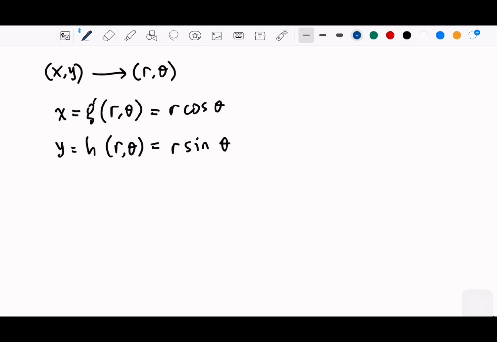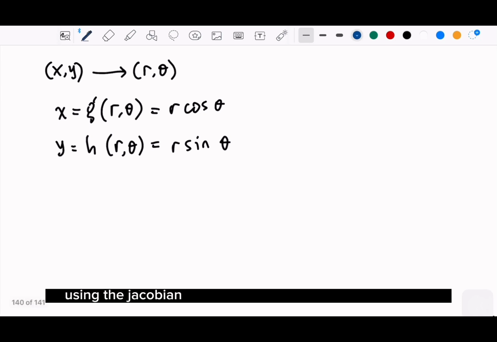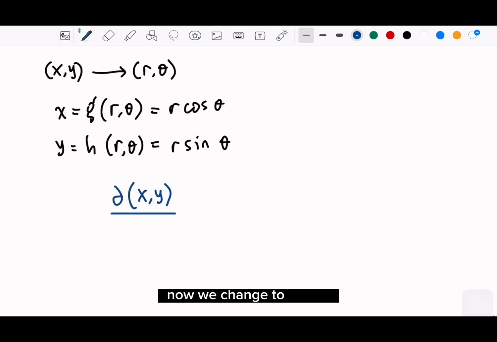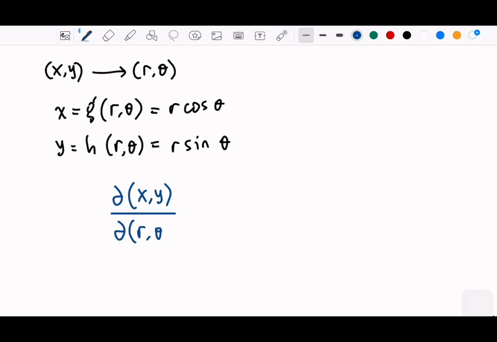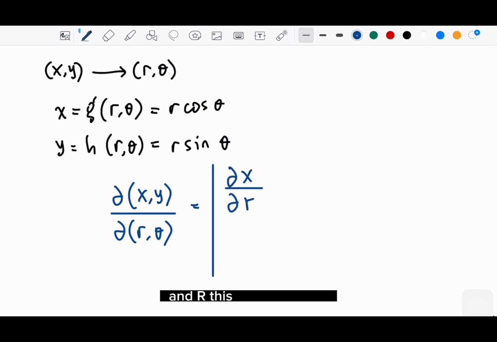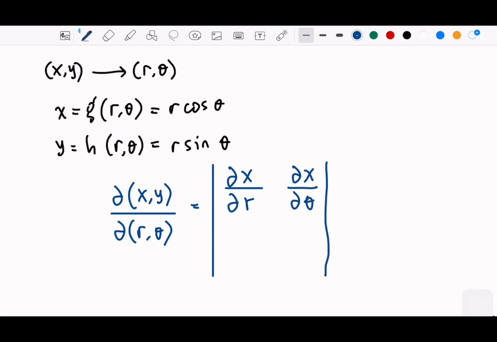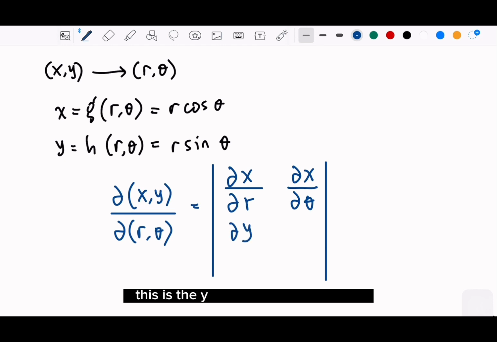Now using the Jacobian, we can take the Jacobian from xy and change to r theta. Now what should we write in the matrix? This is x and r, this is x and theta, this is y and r, this is y and theta.